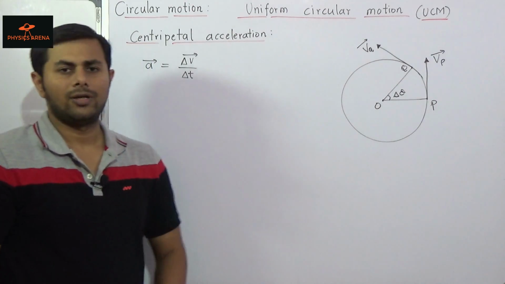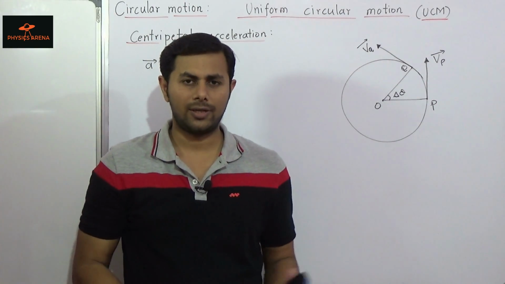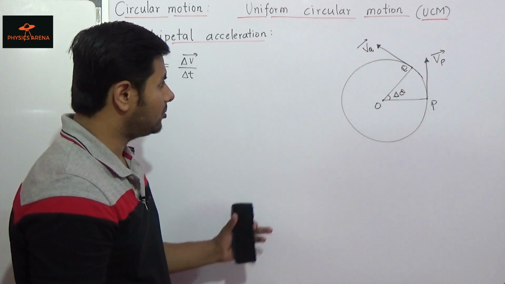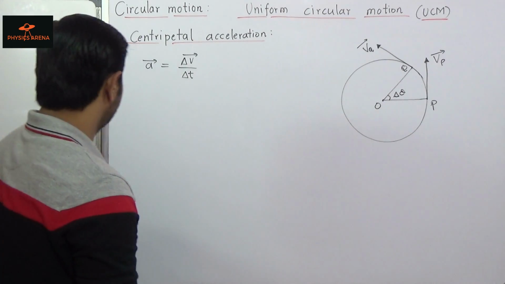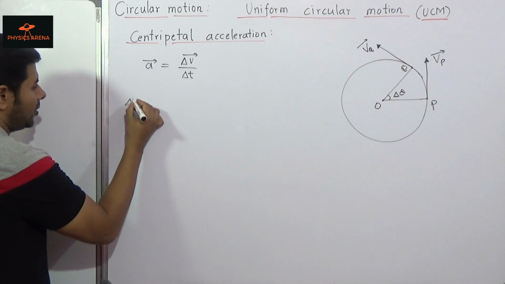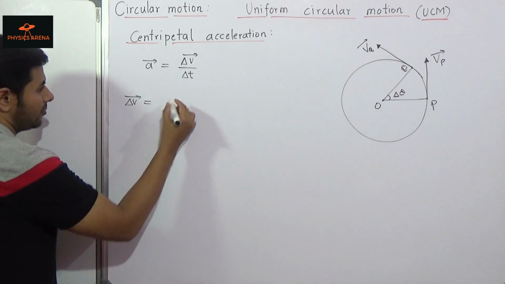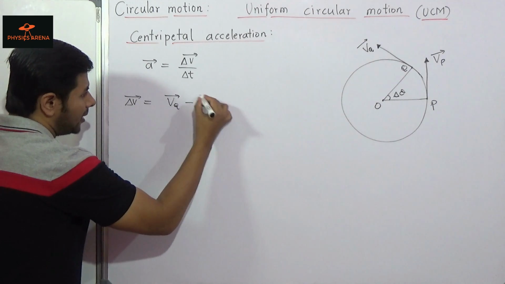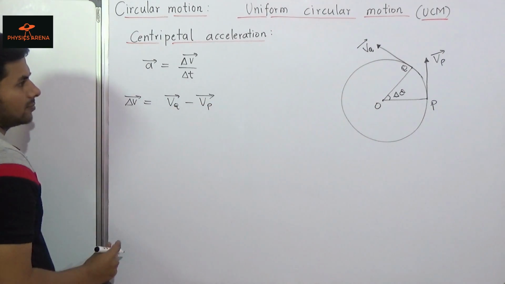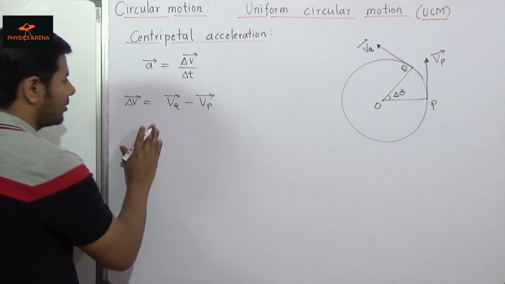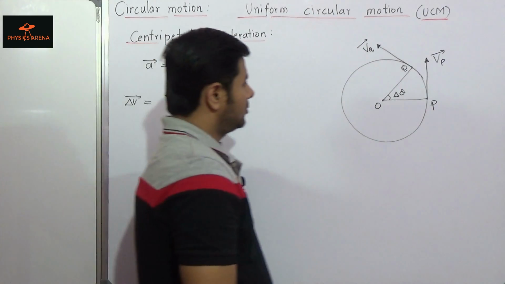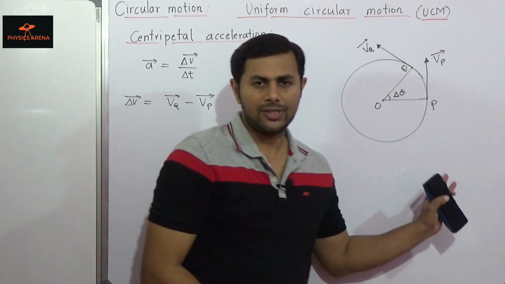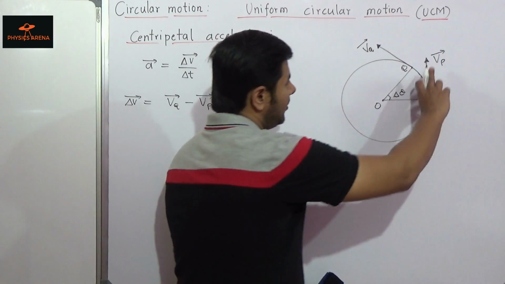To find out the acceleration, we need to find out the change in velocity, and suppose the change in velocity delta V is VQ bar minus VP bar. To find out the change in velocity, I will take VP bar here.